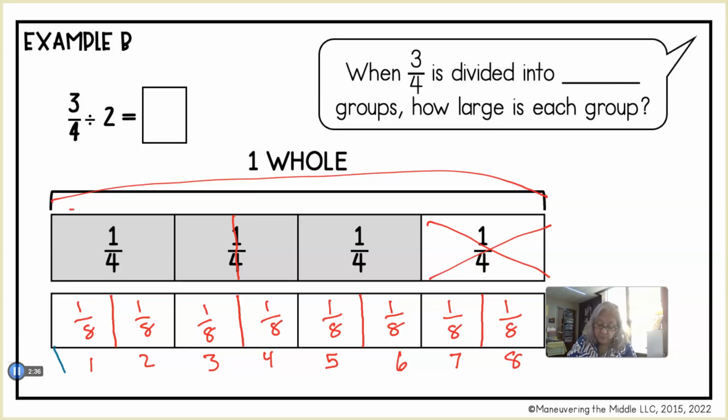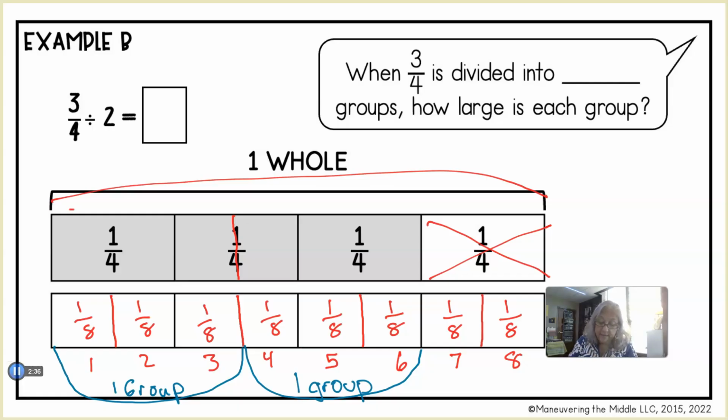Now remember, this was 1/2, and this was the other half. Okay? This was one group, and this was one group. Okay? So how many total 1/8 are in each group?